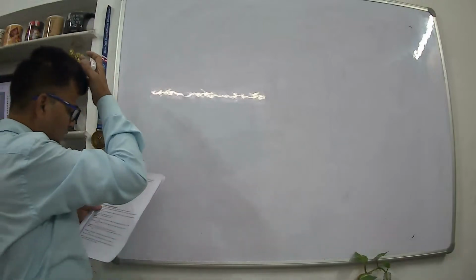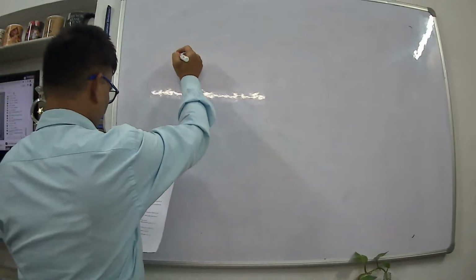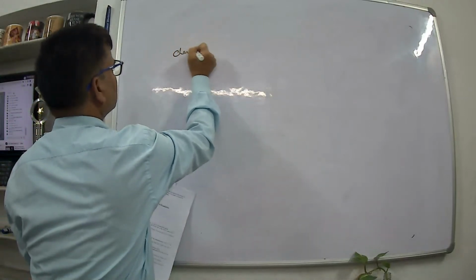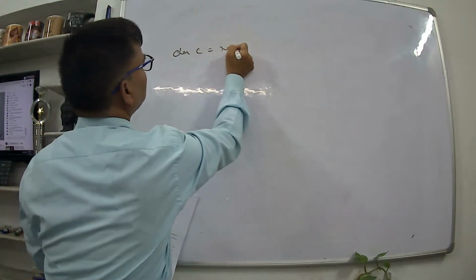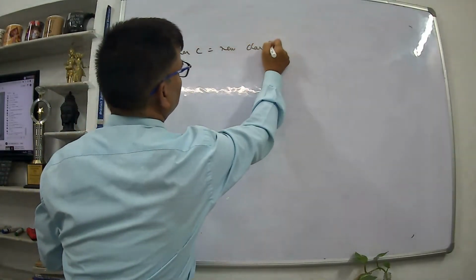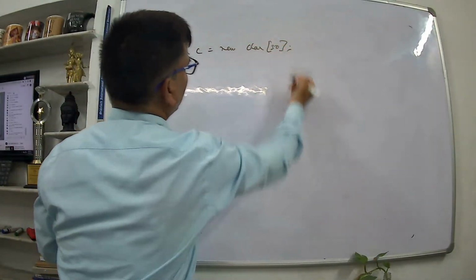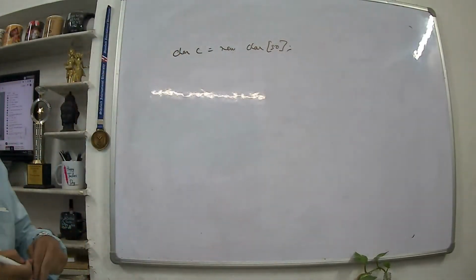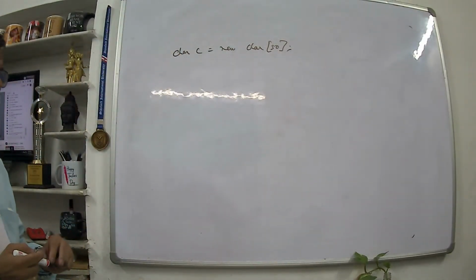Okay, like if I say there is char c equal to new char 30. How much memory will be required for storing this array?